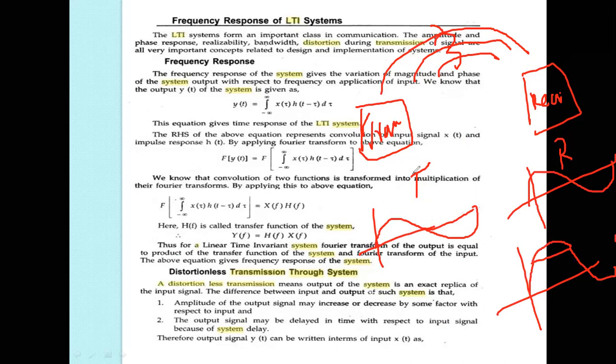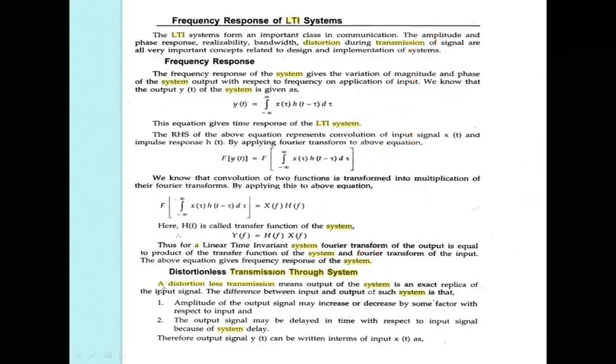Without any distortion, exactly the replica of what we send from the transmitter is received at the receiver side. We call that distortionless. A distortionless transmission means the output of the system is an exact replica of the input signal.